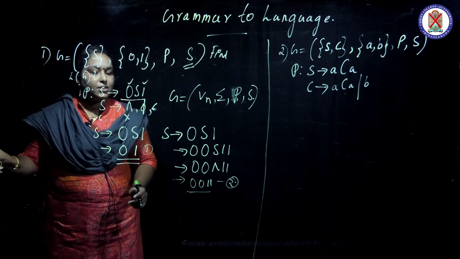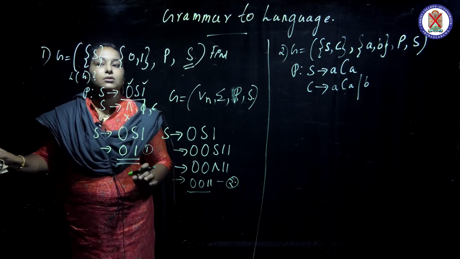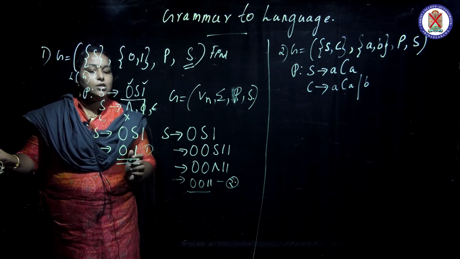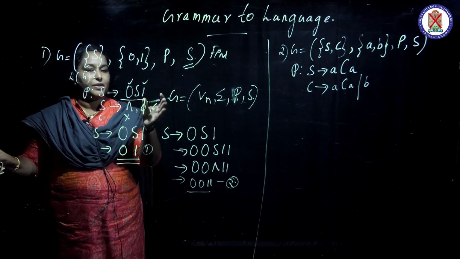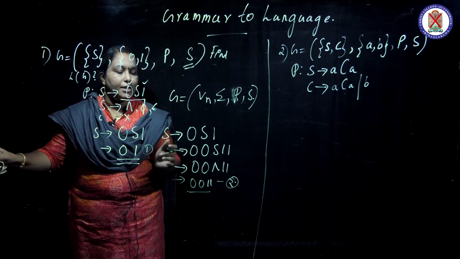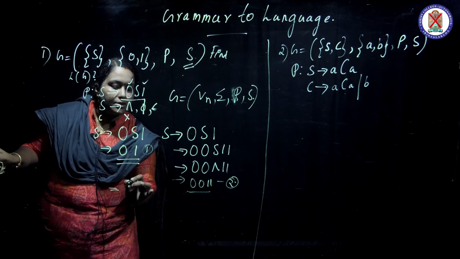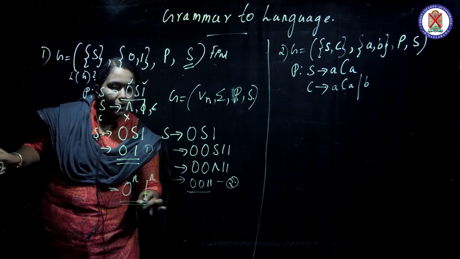When you look here, zeros are repeated in the prefix and ones are repeated in the suffix. So it can occur n times. There is no finite partition here. So we can write our language as 0 raised to n, 1 raised to n.